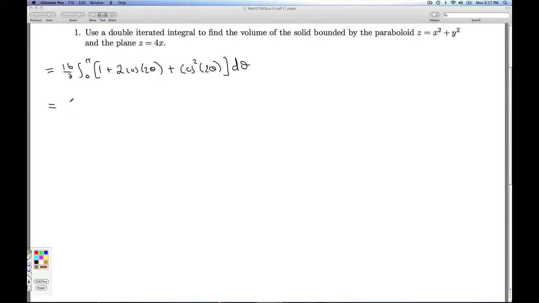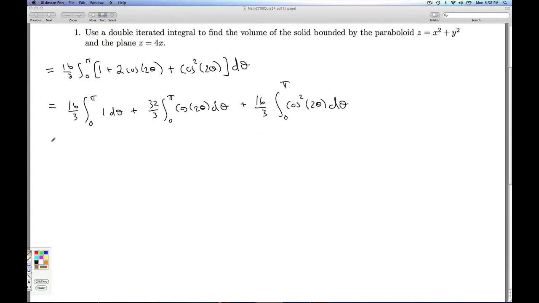Now we'll break it up. I've got 16 thirds, integral 0 to pi, 1 d theta, plus 32 thirds, integral 0 to pi, cosine 2 theta d theta, plus 16 thirds, integral 0 to pi, cosine squared 2 theta d theta.